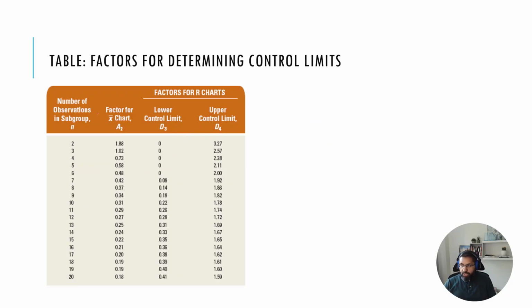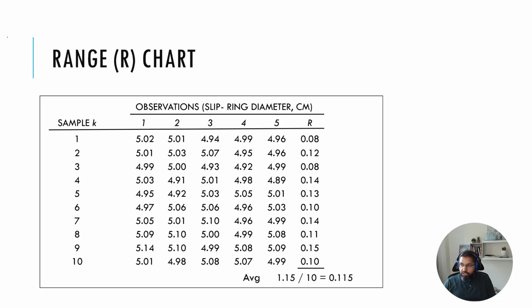So let's do the actual calculation for our data. This is our data given in the question with 10 samples and a sample size of 5. For each sample I find the range. So this is my R1. How did I get R1? I take the highest value. The highest value in these 5 values is 5.02. And the lowest value is 4.94.